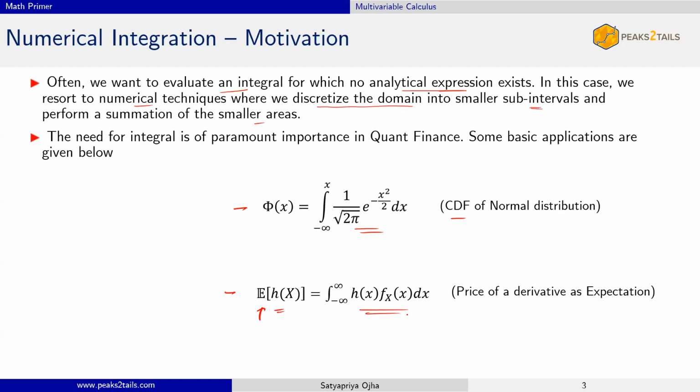So that's where you also use numerical integration. In fact, when we learn about Fourier techniques to price an option, we will require numerical procedures to find the area under a curve, okay, or perform integration. So two very basic examples for which we will need to perform numerical integration.